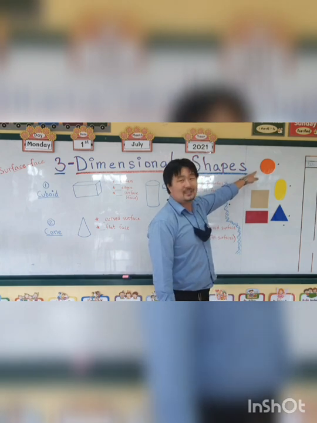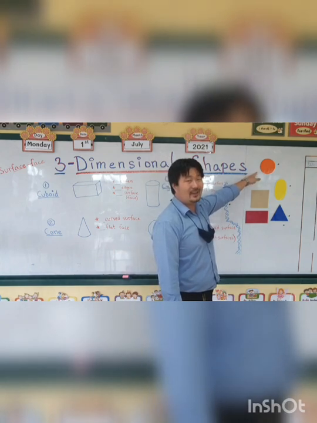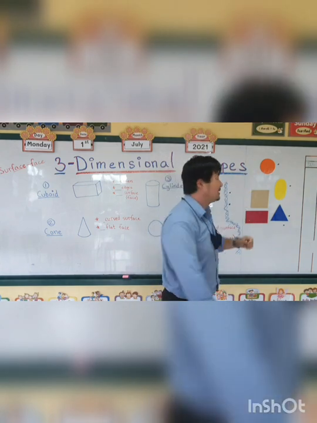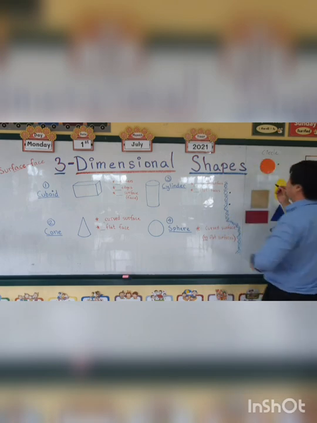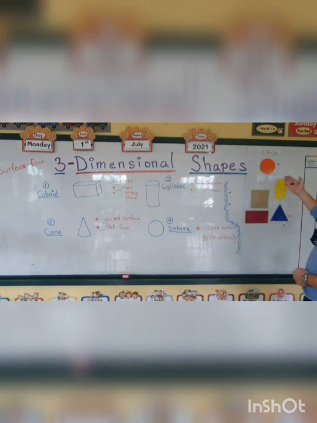What shape is this? Anyone? Right, it's a circle. It is a circle, yes. And what kind of shape is this? Anyone? Yes, it's an ellipse. Ellipse. Good.